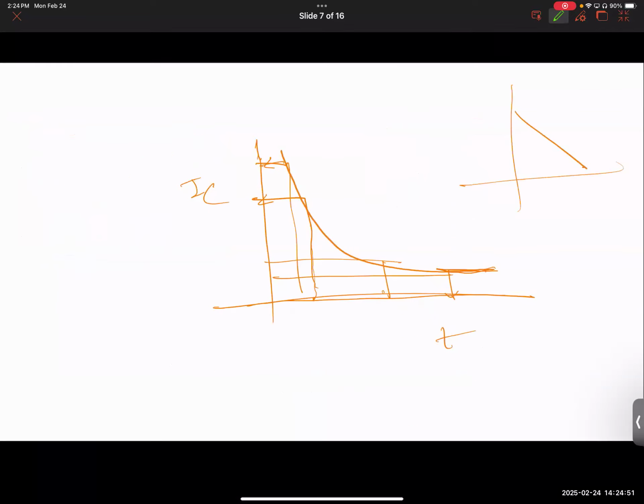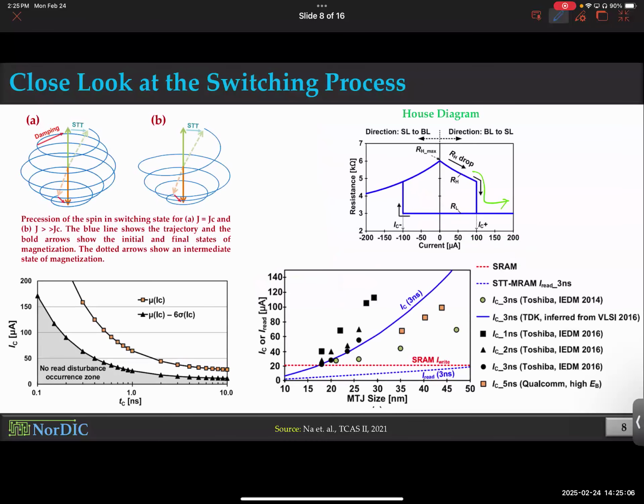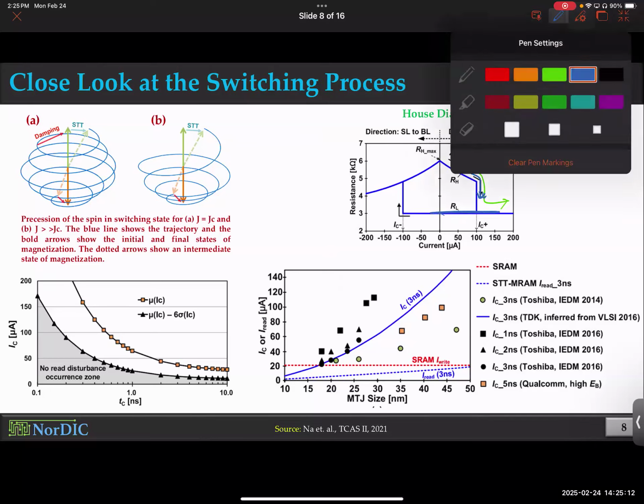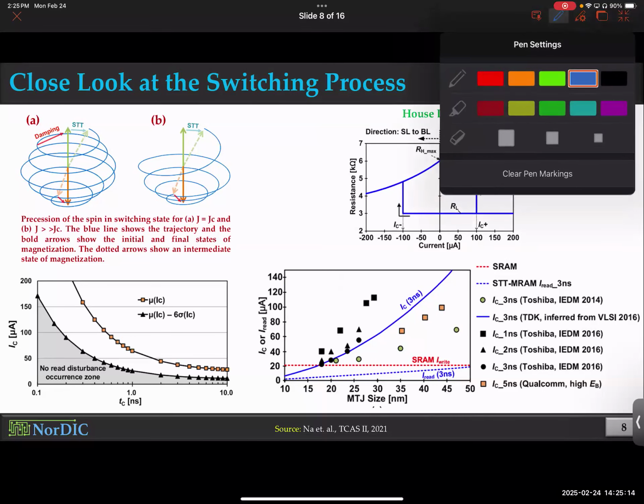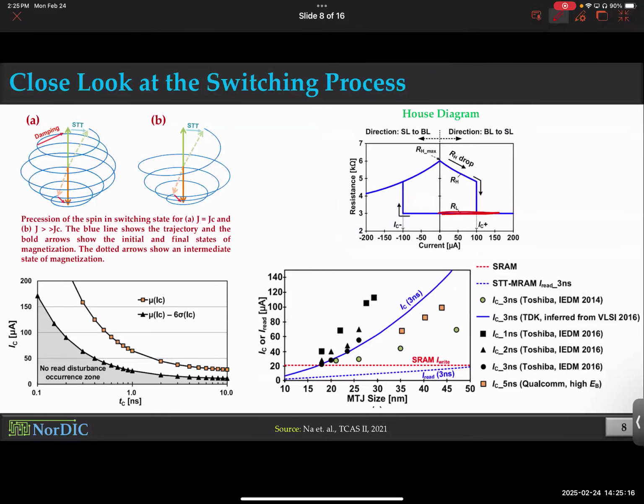Okay, if I were to draw from scratch, I would have drawn it this way. This is your MTJ, and this is your MTJ. Two resistances. And you can have a switching here. But interestingly, the surprising fact is, if it switches here, why are we drawing this entire thing? Oh, sorry, I should probably change the color. Why are you drawing this entire thing, and why are you drawing this up to this point?